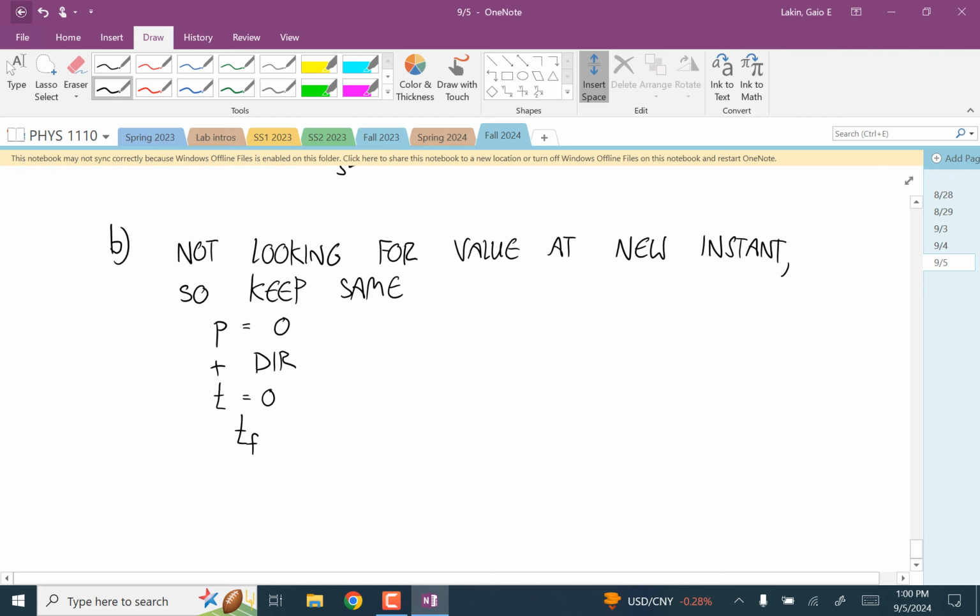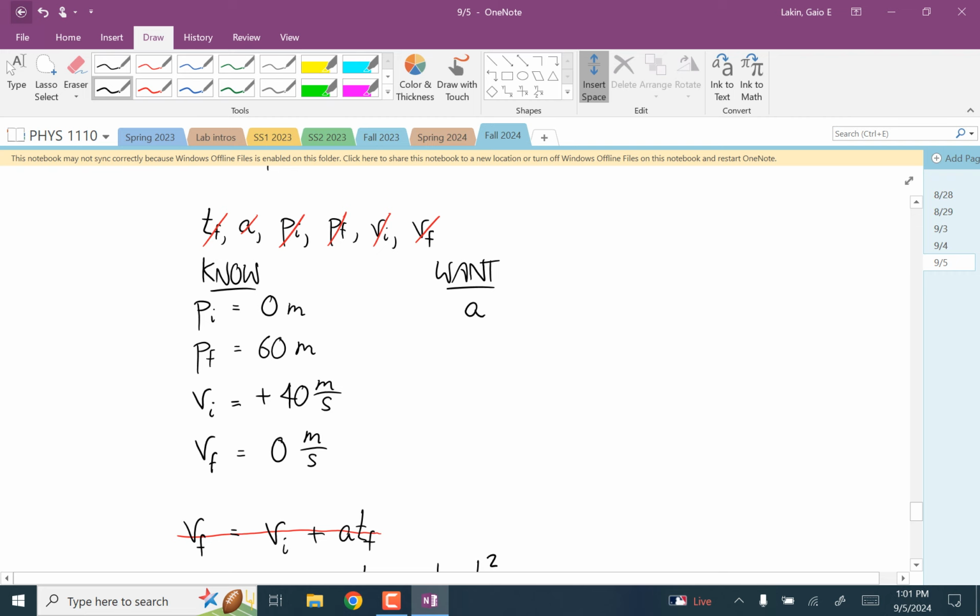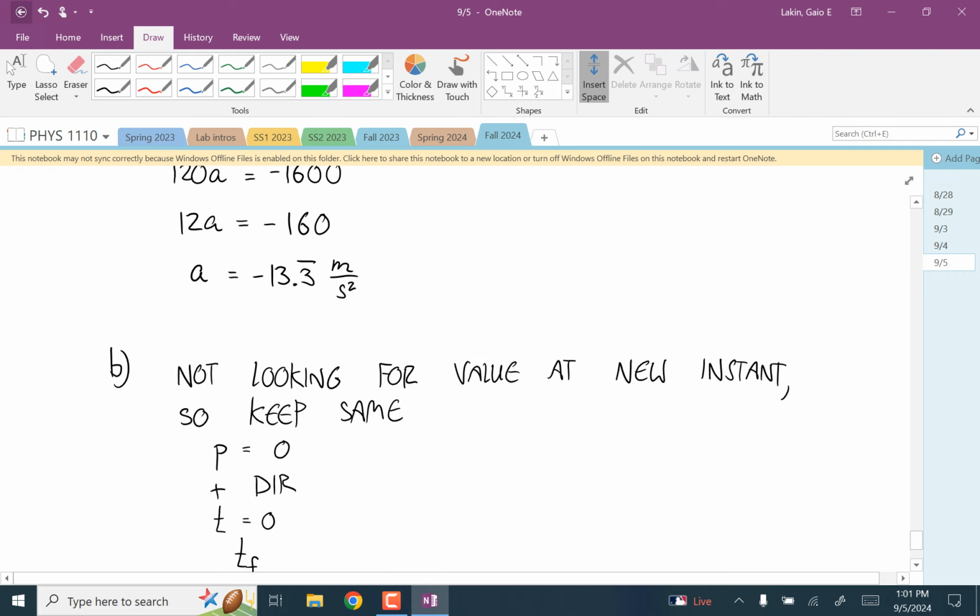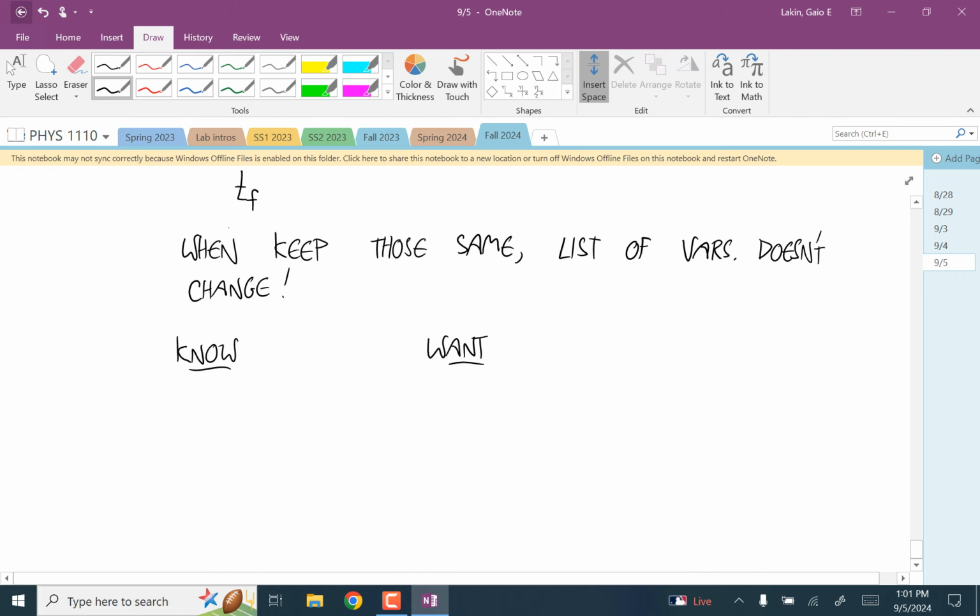Okay, so I'm going to list out what we know and what we want. I'm just going to go up to this list and take all the stuff we know. And we actually know one more thing now. We know the acceleration. So PI is equal to 0. PF is equal to 60.